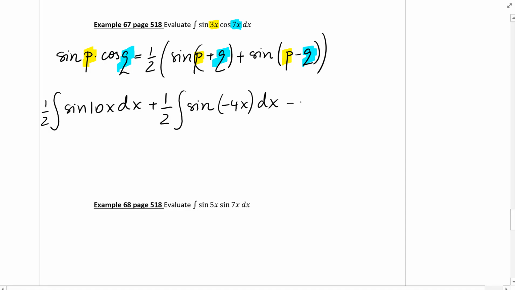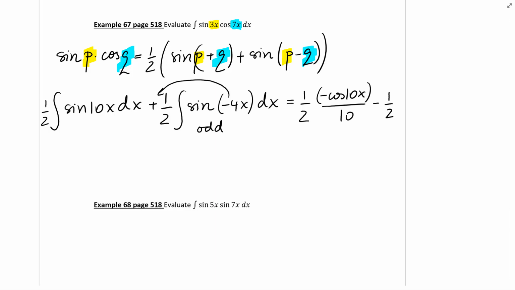So we get 1 over 2 integral of sine of 10x, it's negative cosine of 10x over 10. Sine is an odd function, so that means this negative comes in front, so minus 1 over 2. And then integral of sine of 4x is negative cosine of 4x over 4.